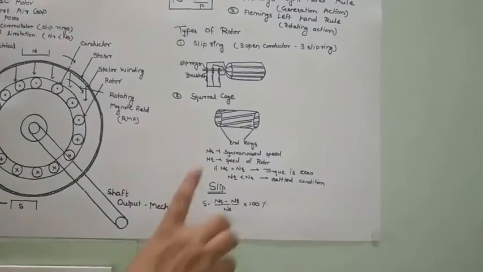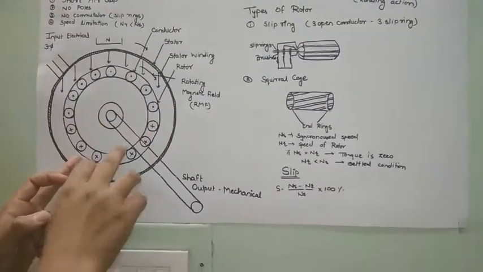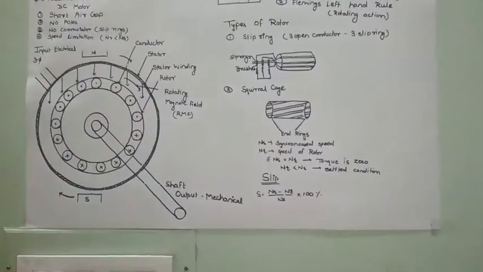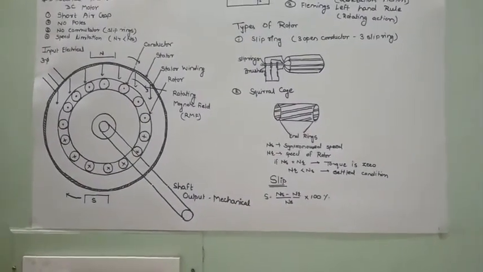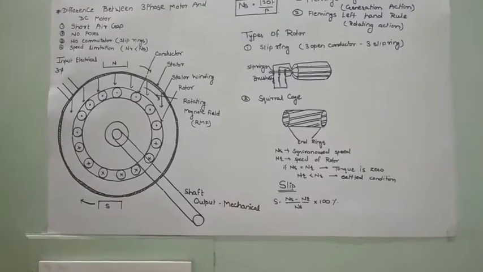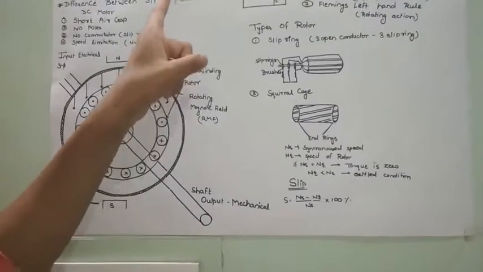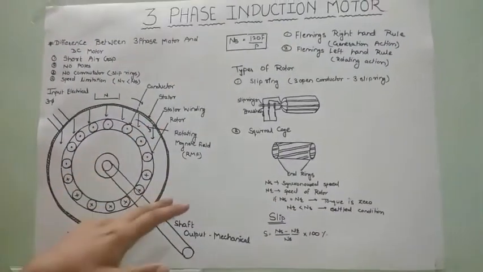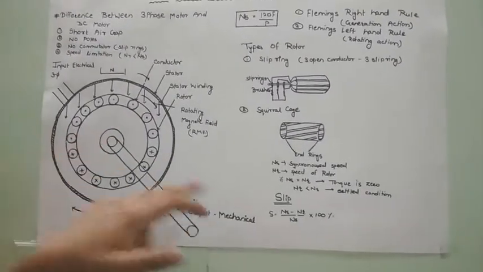When Ns is equal to Nr, that is, the conductor is moving with the same speed as the rotating magnetic field, the change in magnetic field becomes zero. So the force experienced by the conductor becomes zero. So we have to know that the speed of the rotating magnetic field and the speed of the rotor, that is the conductor, can never be equal.